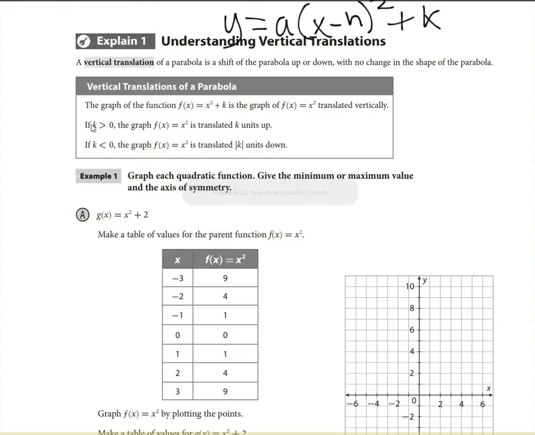Right now we're just talking about the value of k in that equation, and k is what's going to translate a graph up or down. If k is greater than 0, it's going to translate it up. If k is less than 0, the graph will translate downwards.